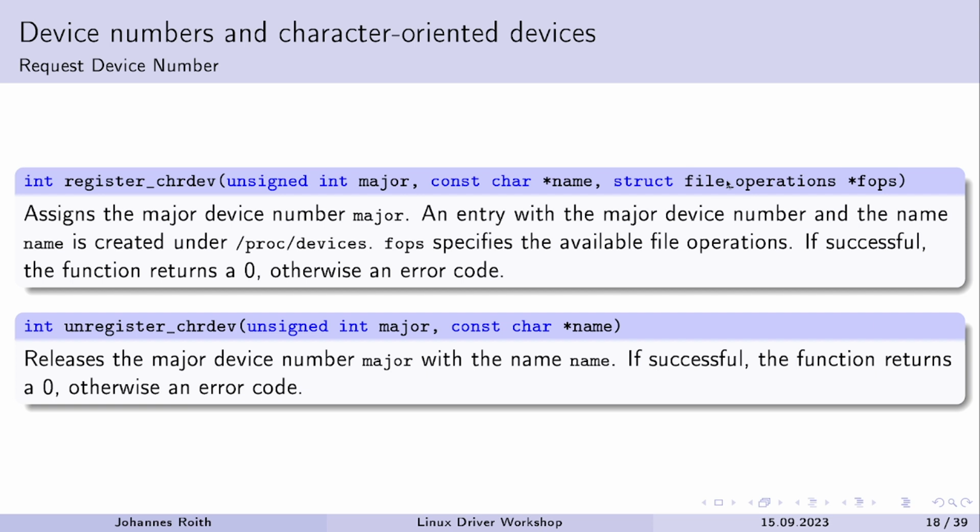And the last argument is our file operations struct containing all the file operations we want to support with our character-oriented device. The return value is an integer, 0 on success, an error code otherwise. And of course, when we register something, we have to unregister it, and therefore we can use the unregister character device function. It takes the major device number and the label as arguments. On success, it returns 0, otherwise an error code.